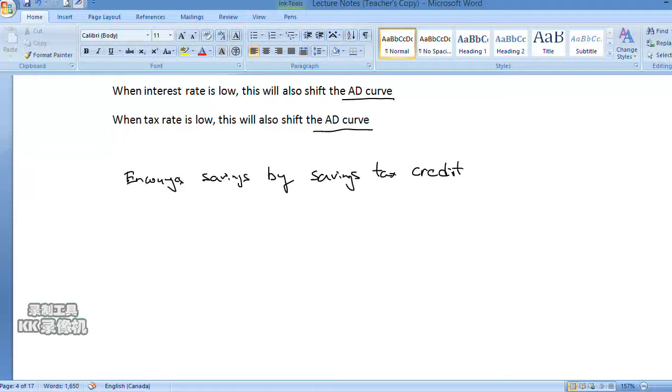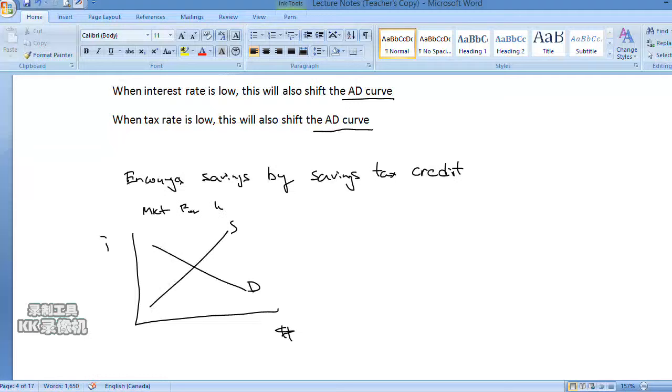What we are going to see here is, first, in the loanable funds market, the savings curve, the supply curve, is going to shift to the right. The supply of loanable funds is the savings curve.